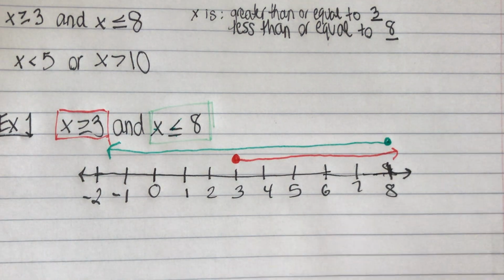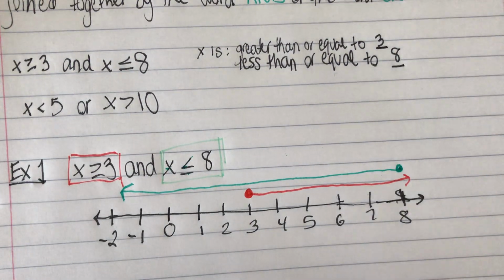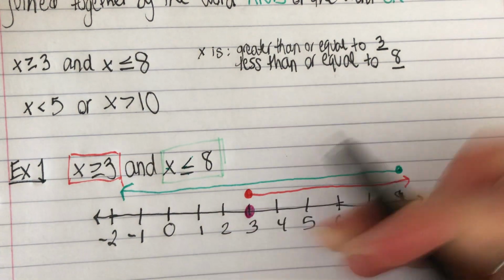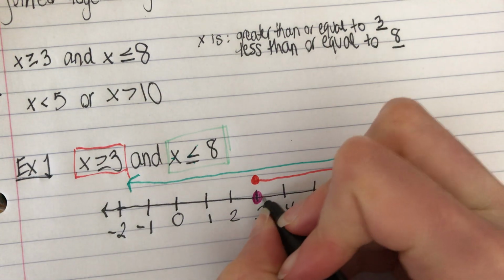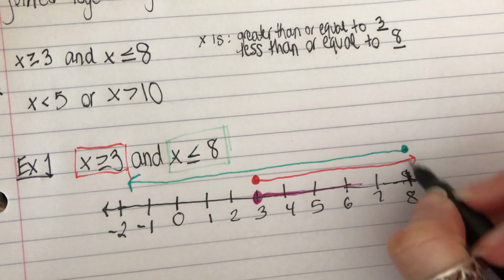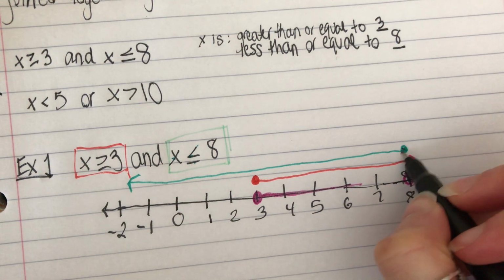So what we do is we say, okay, x has to be both larger than 3, greater than or equal to 3, and I'm going to draw, hopefully you can see this, but it also can't go above 8 because of this part, right?